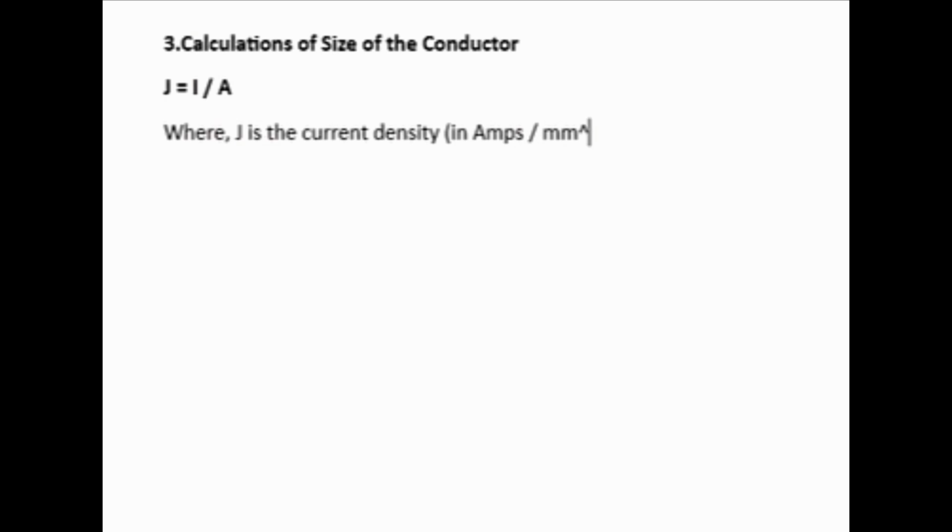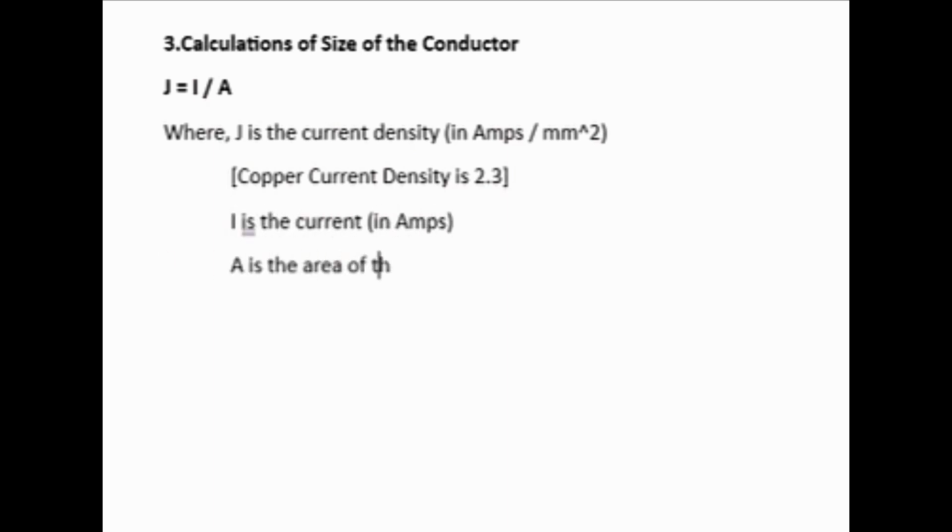Calculation of size of the conductor. J is equal to I divided by A, where J is the current density in amps divided by mm square, I is the current in amps, A is the area of the conductor in mm square.